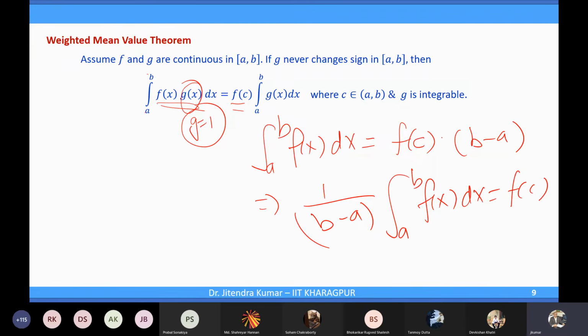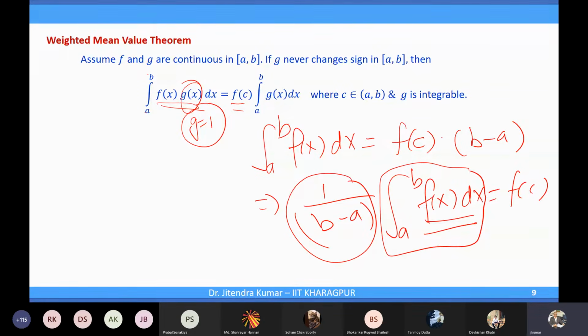It's some kind of average. You are integrating f from a to b and dividing by the range, and that is equal to the function value at some point c. Since the function is continuous, that average value will lie within the range of the function, so f(c).